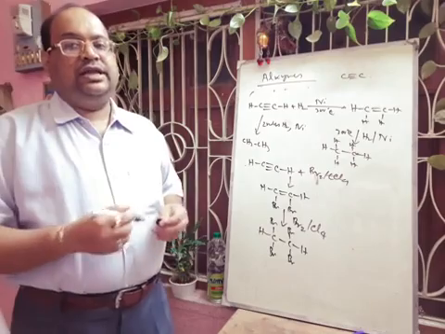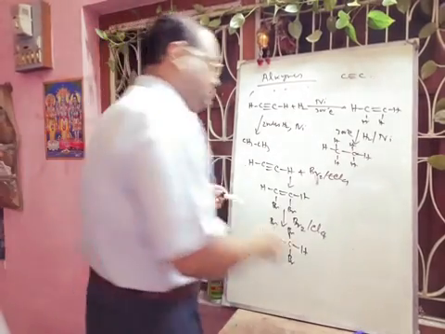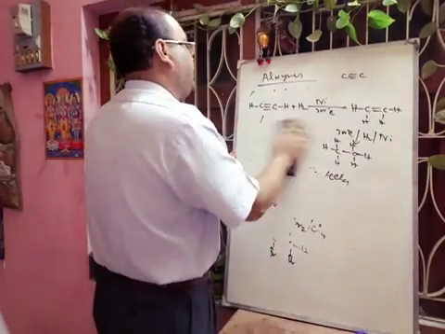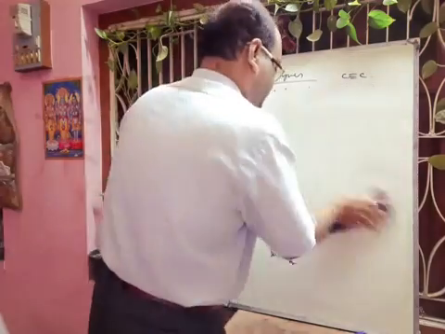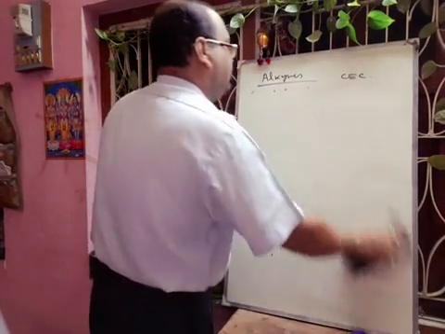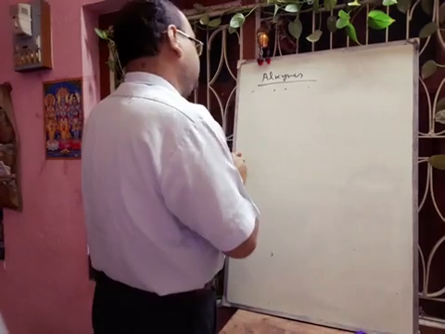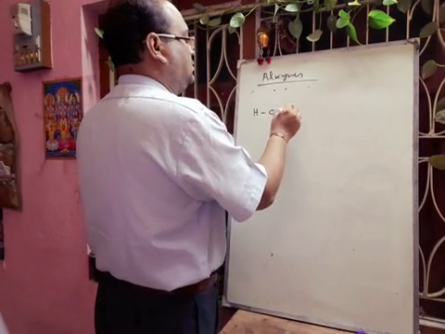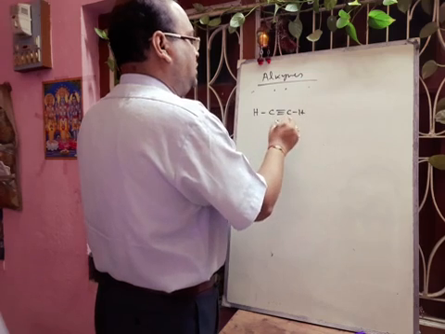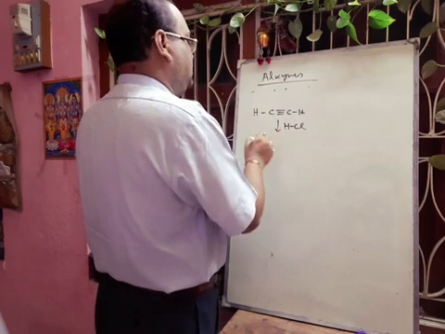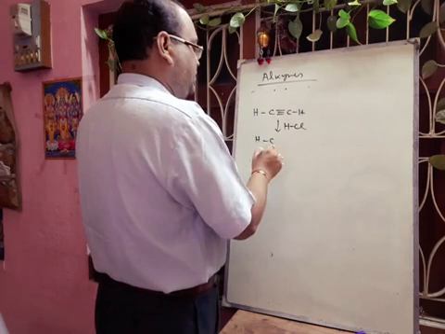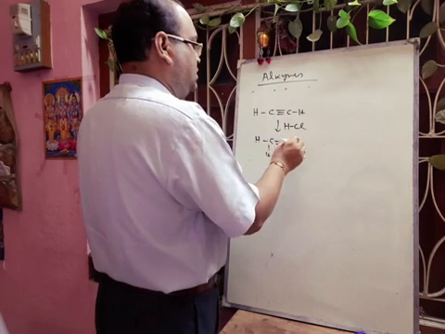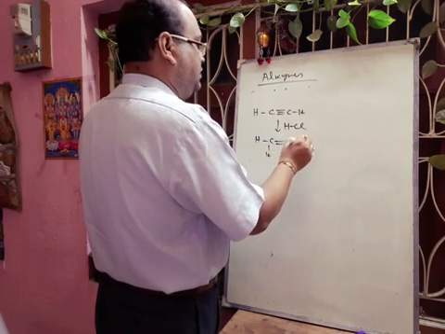Next, in case of addition of halogen acid, whenever we are adding HCl, on one side there will be addition of hydrogen and on the other side Cl.